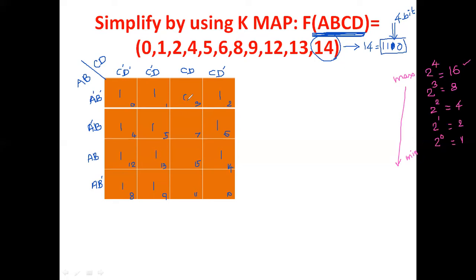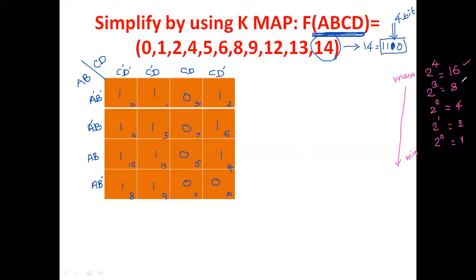So the remaining cells, please don't forget to fill them, because it may result in wrong grouping during solving the problem. The remaining empty cells are filled with zeros.